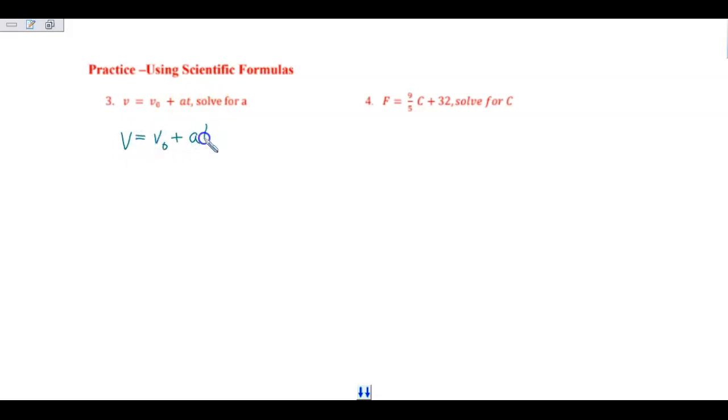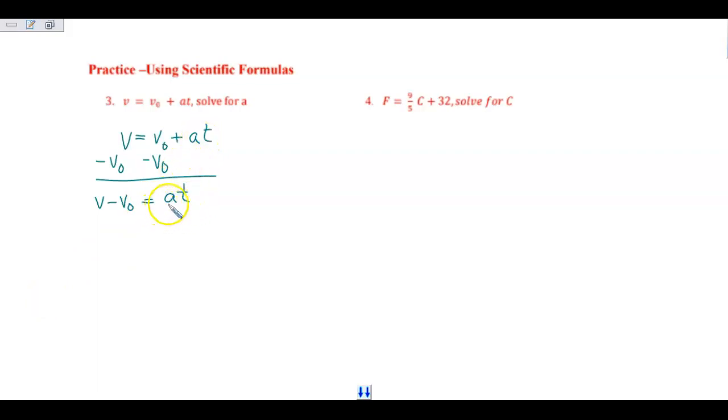Plus AT. First thing I can move is this V0. That's subscript O. V and V subscript O are not the same thing. So we're going to write it like this. V minus V0 equals AT.